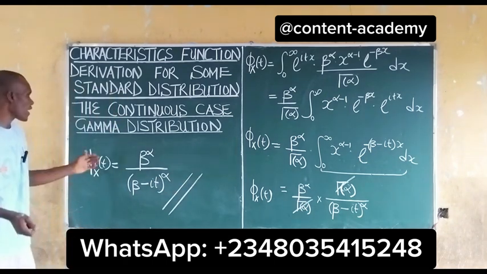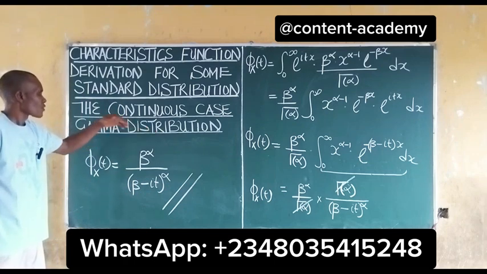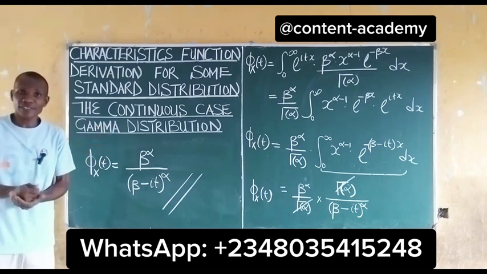So this is how we can derive the characteristic function of the gamma distribution for the continuous case.